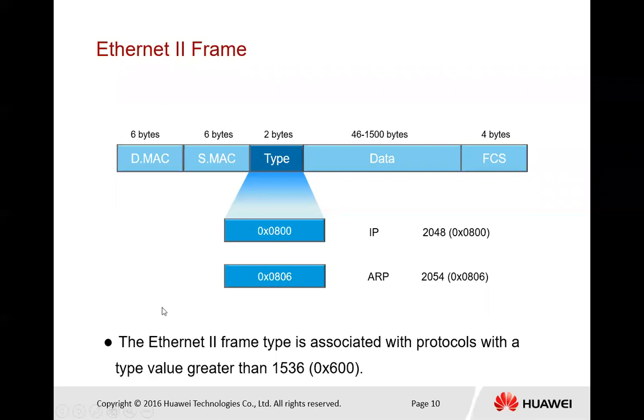In this case, one term used for the Ethernet 2 frame is the maximum transmission unit. The maximum transmission unit size should be 1500 bytes.